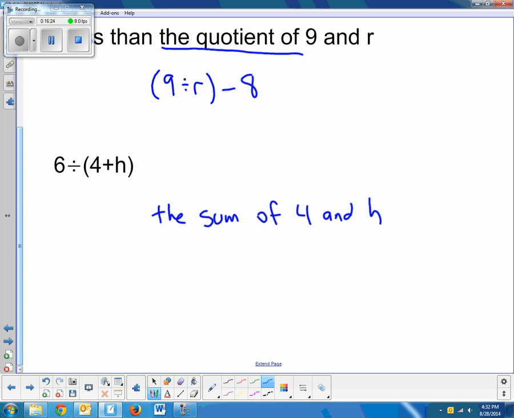Even though division comes before addition in PEMDAS, by adding the sum of, I'm essentially adding parentheses. 6 divided by that, so I'm going to just go ahead and write 6 divided by the sum of 4 and h. And that's how that would look as a word phrase.